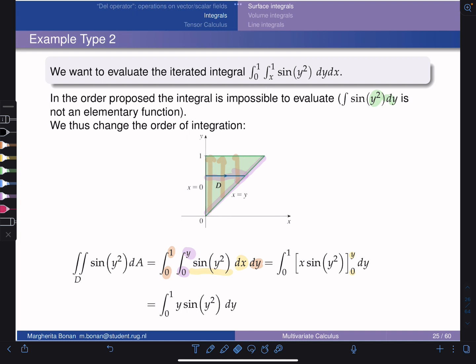We now integrate with respect to y, which gives us minus a half cosine of y squared, and our bounds are 0 and 1 as we had before. And so the result will be a half times 1 minus cosine of 1, because we evaluated y squared at 1 and then at 0, and it will give us this result.